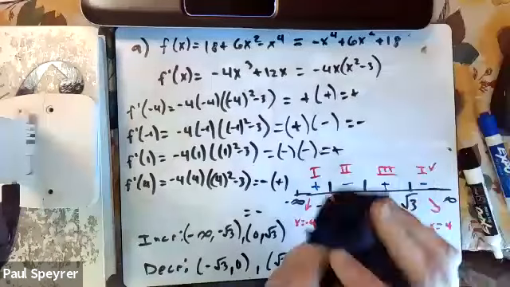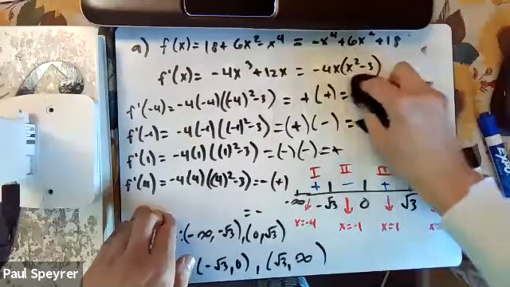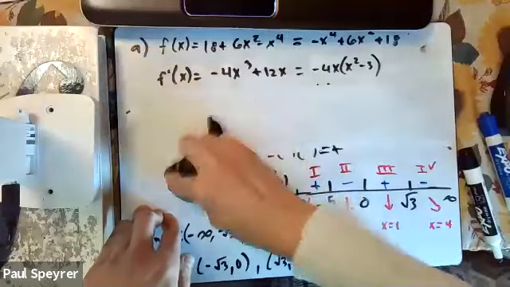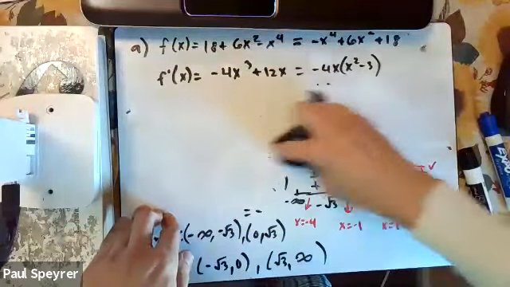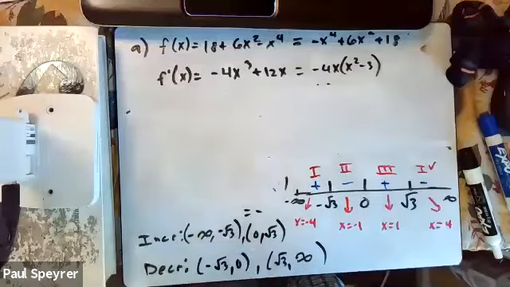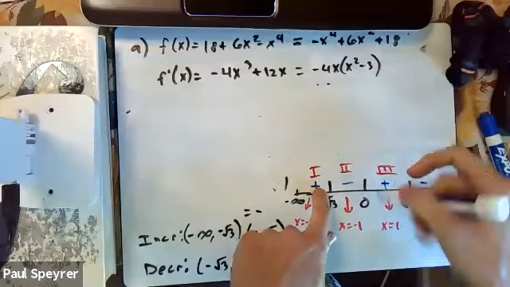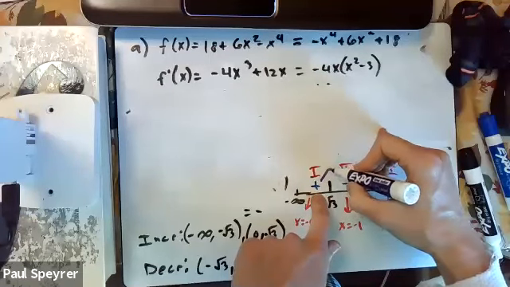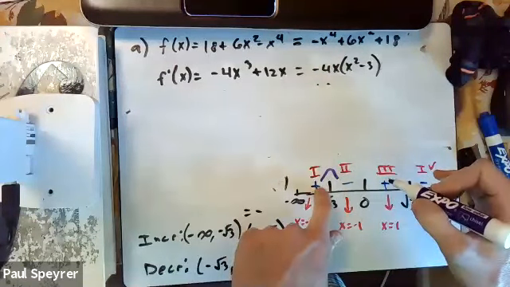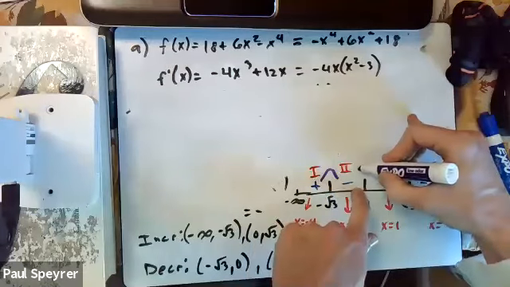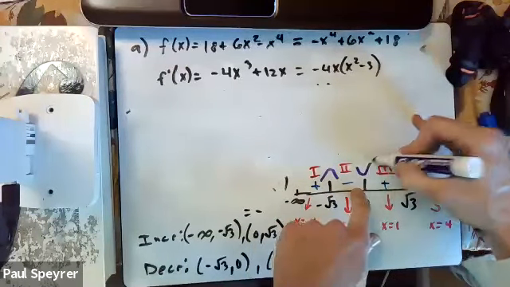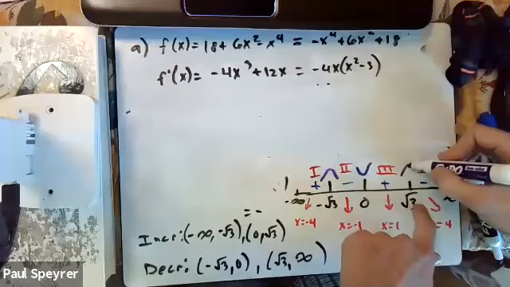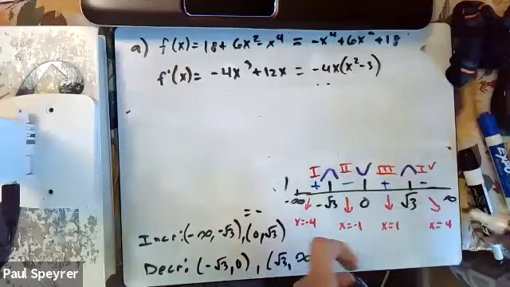Now, what about local extrema? Do we have a local max or min? Well, we do. Because remember, what's happening conceptually right here, from plus to minus, it means your graph is going up and then down, because the slope is positive, then negative. Right here, it's decreasing, then increasing. Right here at √3, it's increasing towards √3 and then decreasing once we cross it.